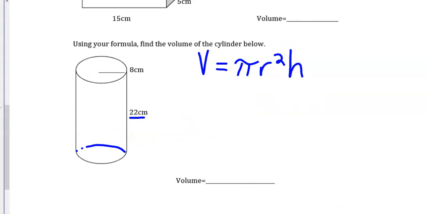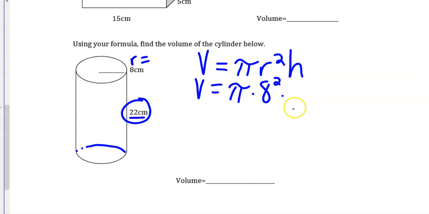So now all we need to do at this point is to plug those numbers in, substitute the numbers in from the picture that we have. So volume is equal to pi times, and our radius here is 8, squared, times the height of the shape, which is 22.